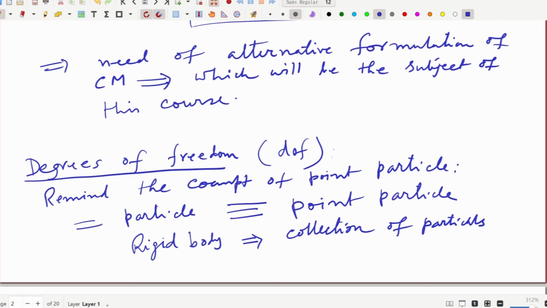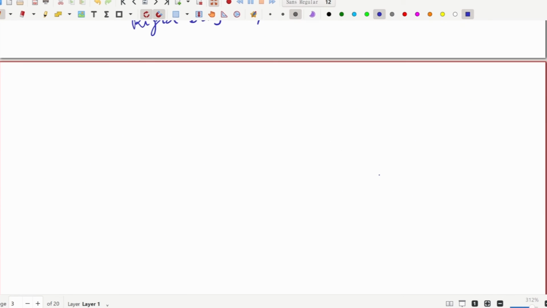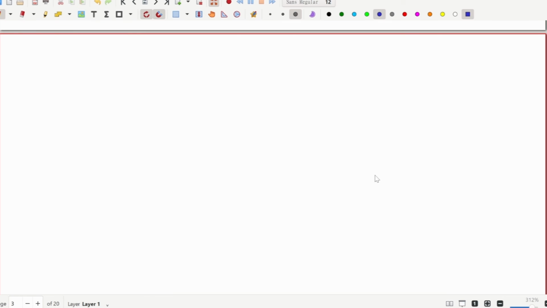So these two will be used in this course, particle and rigid body. By particle we always mean a point particle, and a rigid body will be a collection of point particles under certain conditions which we will define later.